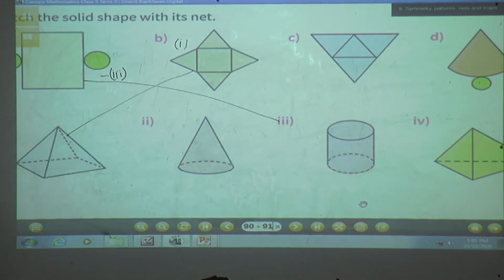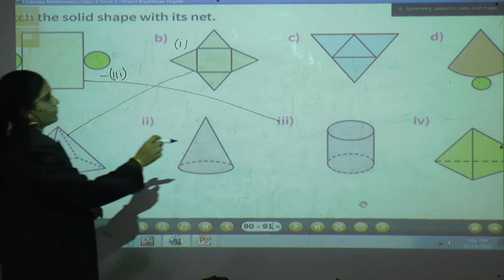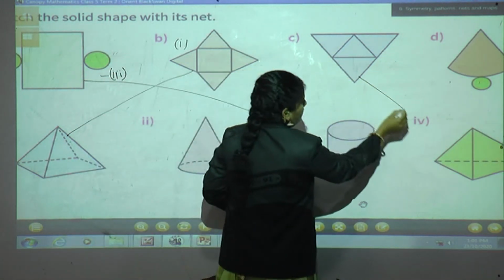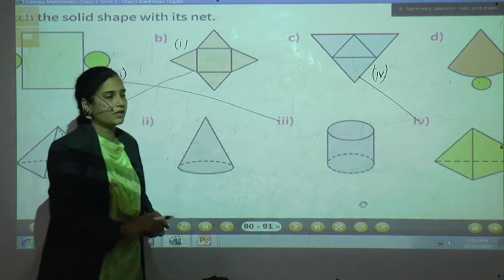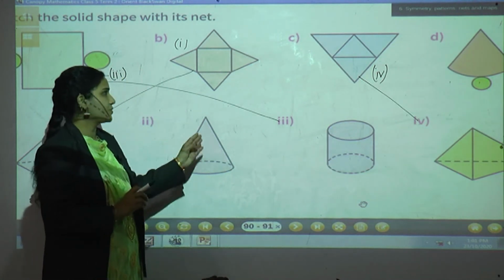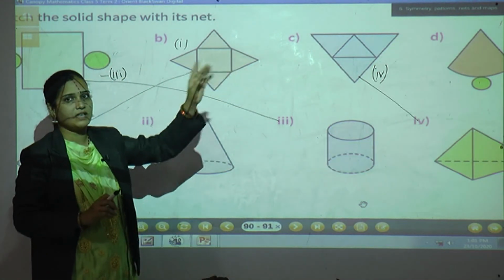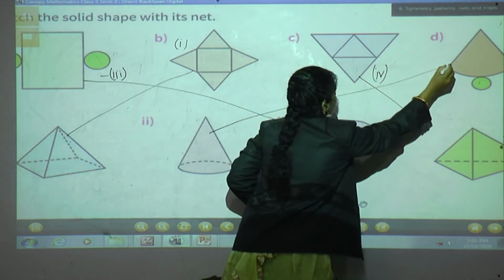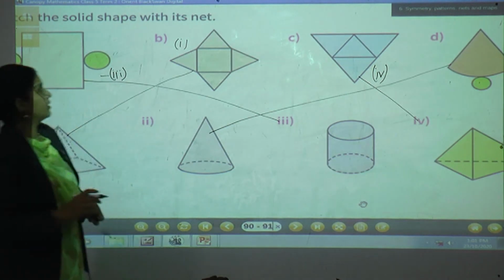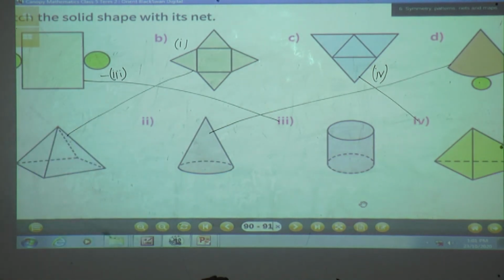Yes students. Tell me. Yes, this one also we can match with this type. Okay, and last D1. It is very easy. So D1 is a net of a cone. So here are the answers. Now we'll see the next one.